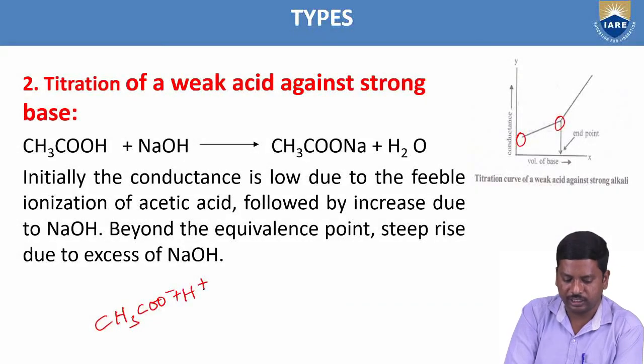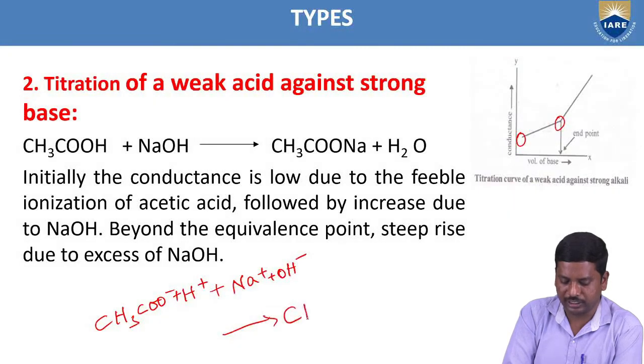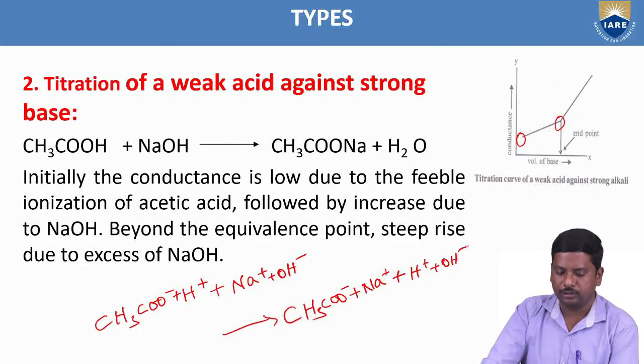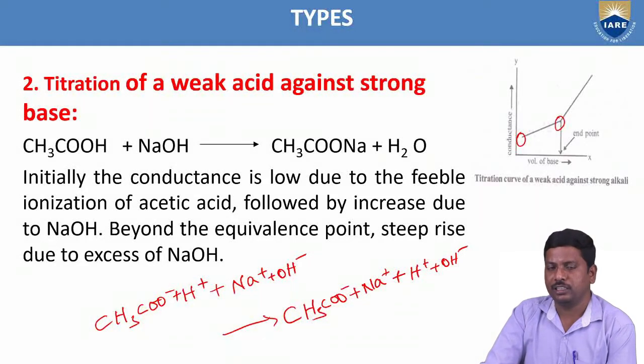The dissociation constant is less, and it reacts with sodium hydroxide, that means Na plus and OH minus, to give sodium acetate, CH3COO minus and Na plus, and water molecules, H plus and OH minus. So initially acetic acid cannot easily give H plus ions because of the weak acid nature, and the ionization constant is less.